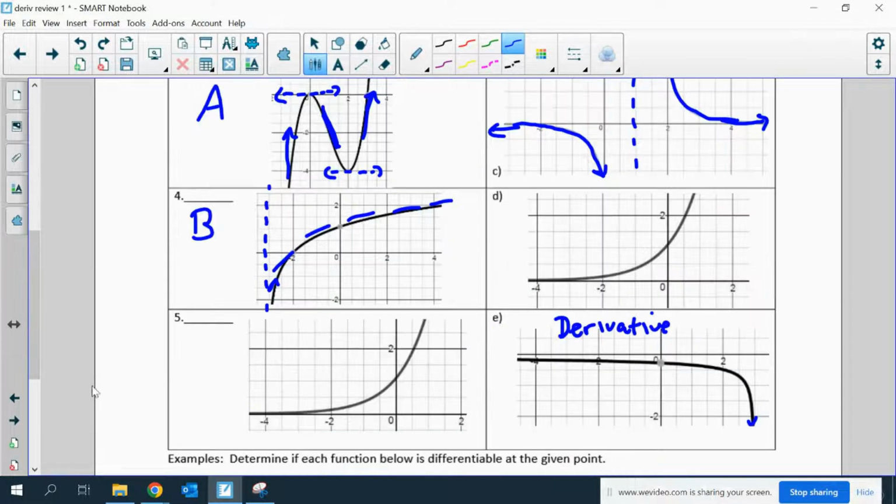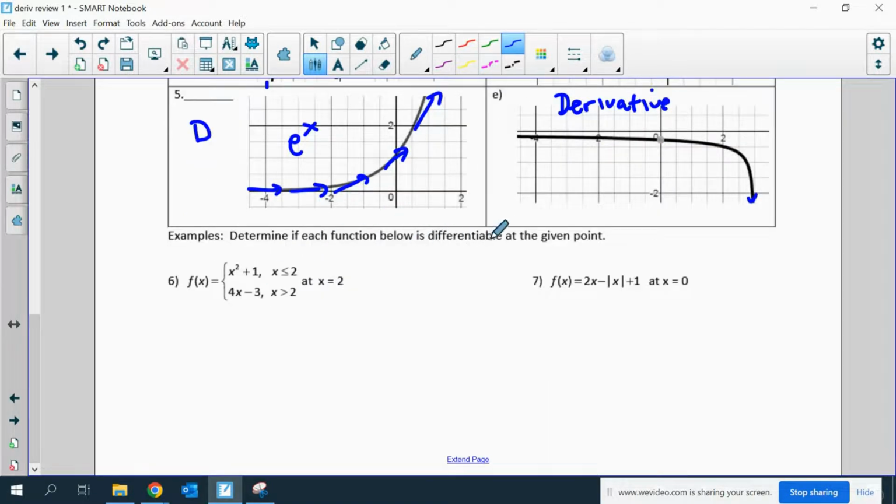So that's going to be B, and that leaves this one to be D. I have slopes that are low, and then they start getting high. Slopes are low down here, start getting high. This is going to be the function e to the x, which has the exact same derivative as its original function.